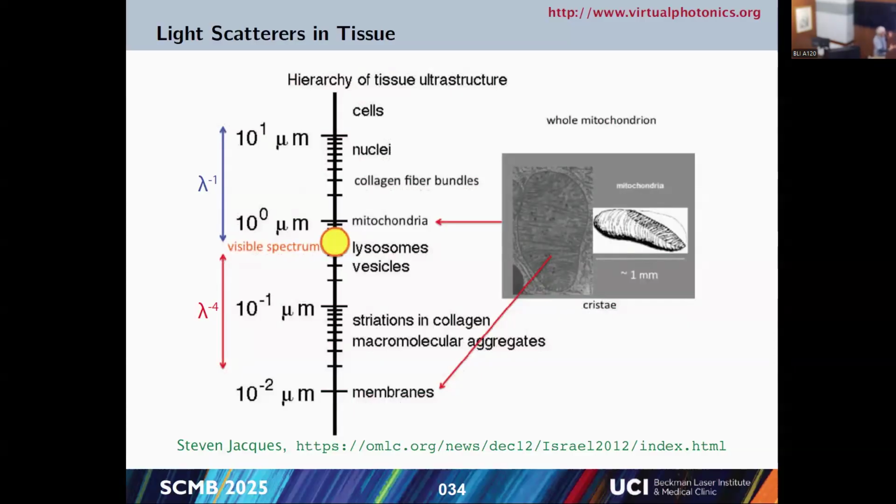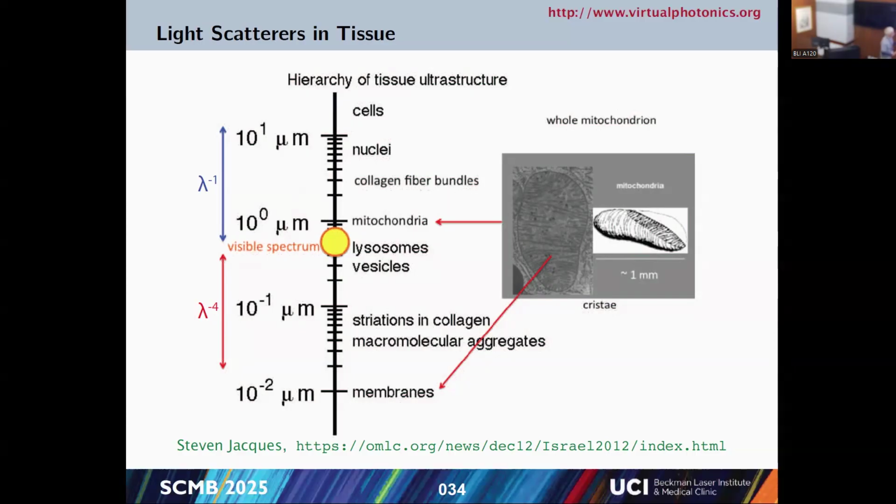So all of these structures have variations in refractive index, and it's the variations in refractive index that give rise to scattering. And again, you have this happening on very different spatial scales, and the size of the scatterers has a profound impact on the spectral variation of scattering as well as the angular distribution of scattering.